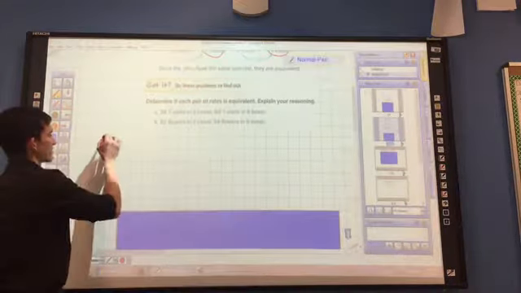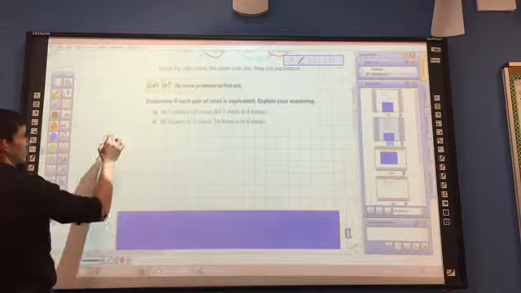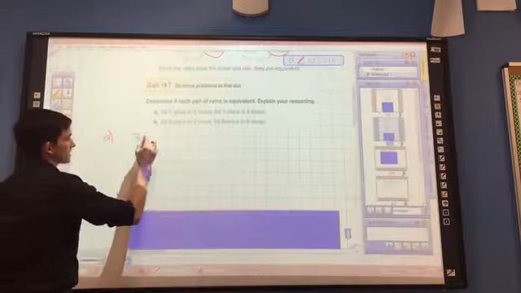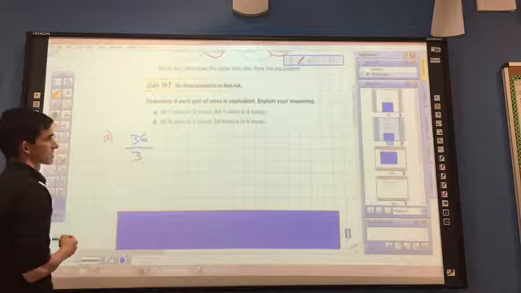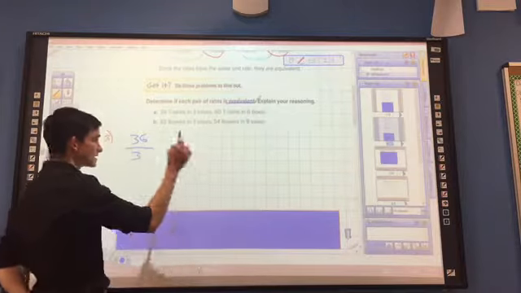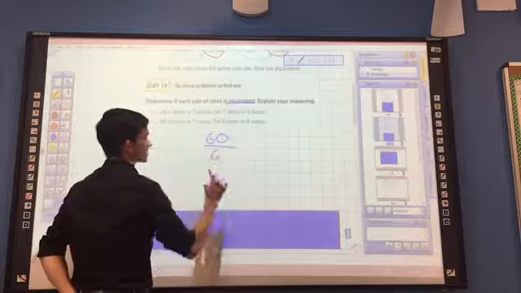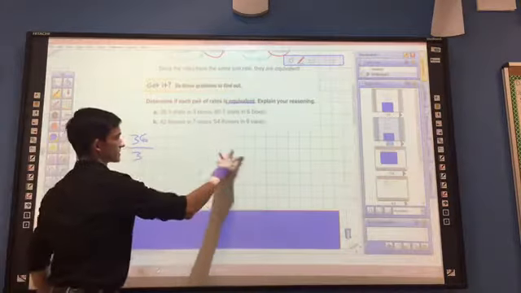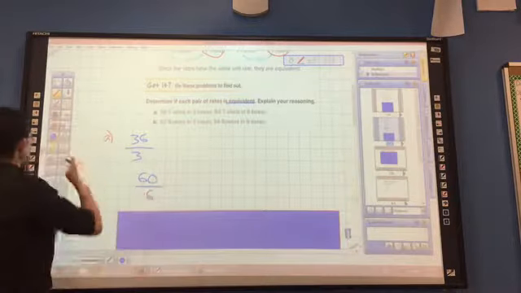Let's do part A first. Part A, I've got 36 t-shirts in 3 boxes. Is that equivalent to 60 t-shirts in 6 boxes? Remember, I need to convert these to unit rates.